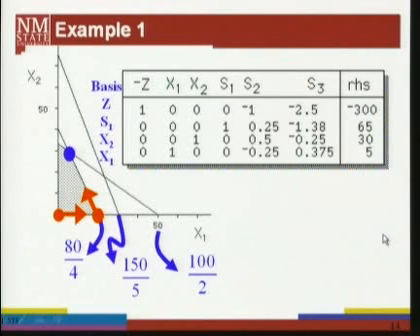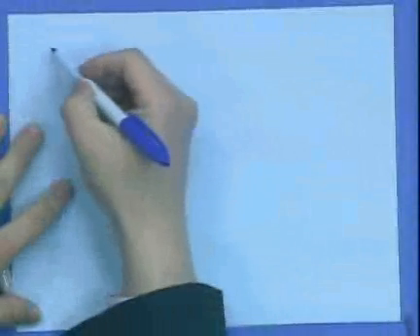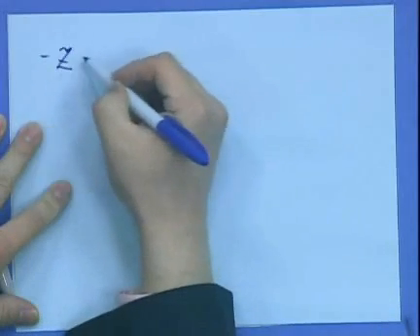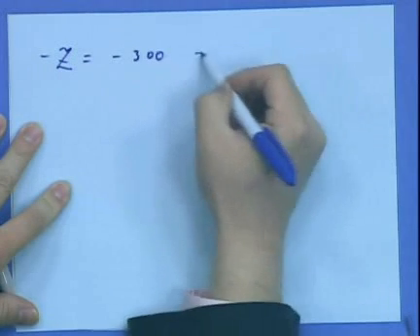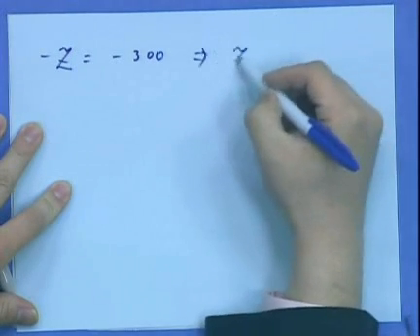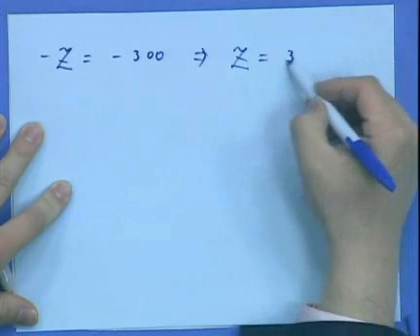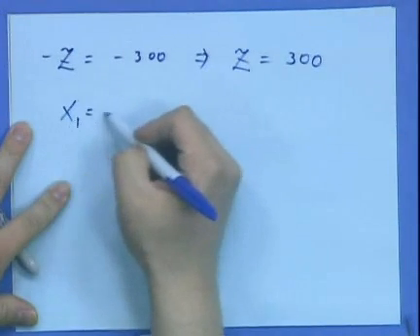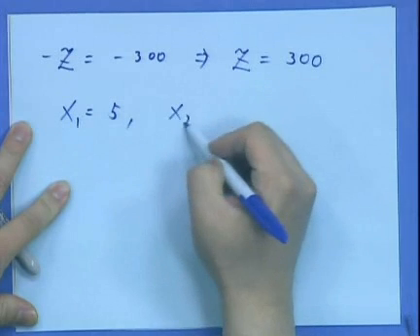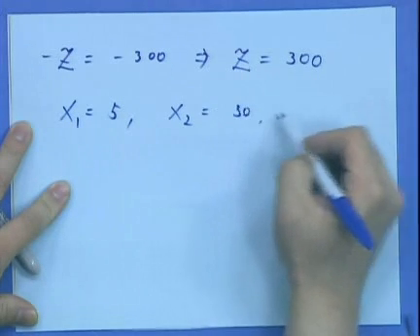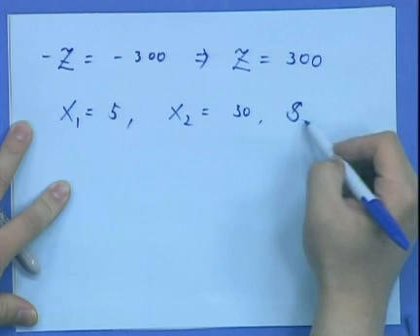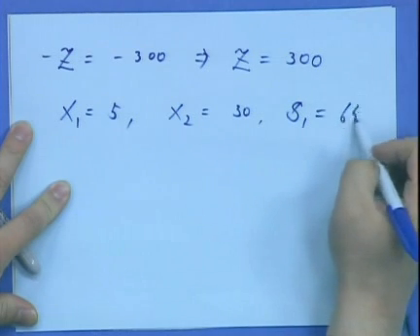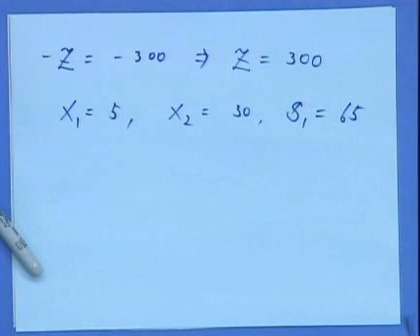Which means our optimal solution is like this. Negative g equals negative 300, which means our objective function value g is 300, right? And x1 is 5, x2 is 30, and s1 is 65. Okay?